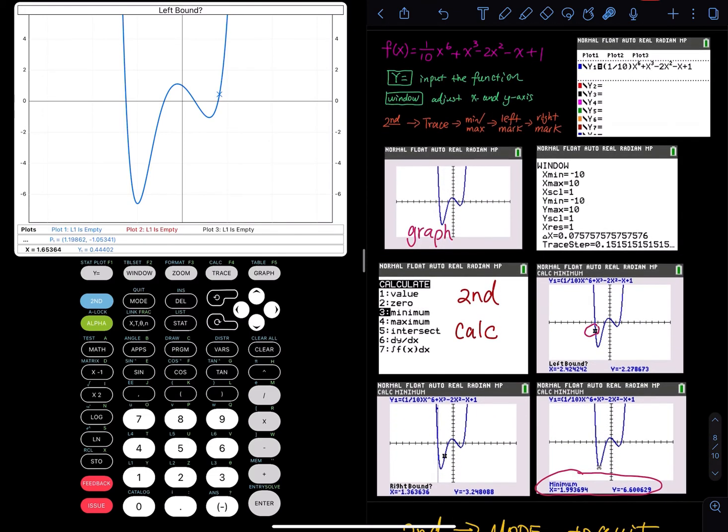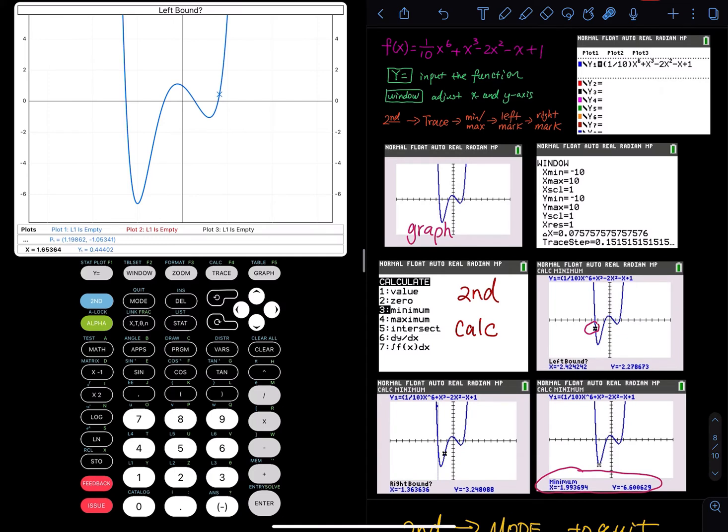This is exactly what you see on your TI84 Plus or 83 Plus graphing calculator. First, you go to y equal, input the function, and you get the graph. If you are not happy with the window, you click the window key and adjust your window. The next place you have to go is second calc, and you pick your minimum, and you will see a cursor flashing on the curve.